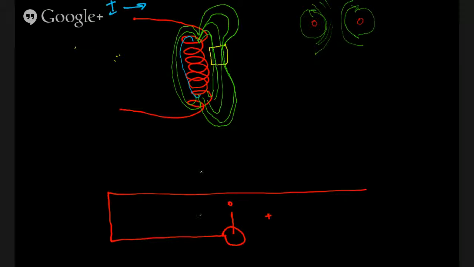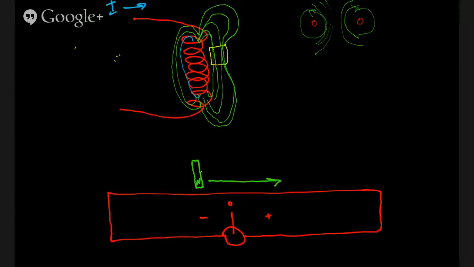We'll just go plus and minus. And we take our magnet, we run our magnet along the wire. It's pushing electrons, essentially.